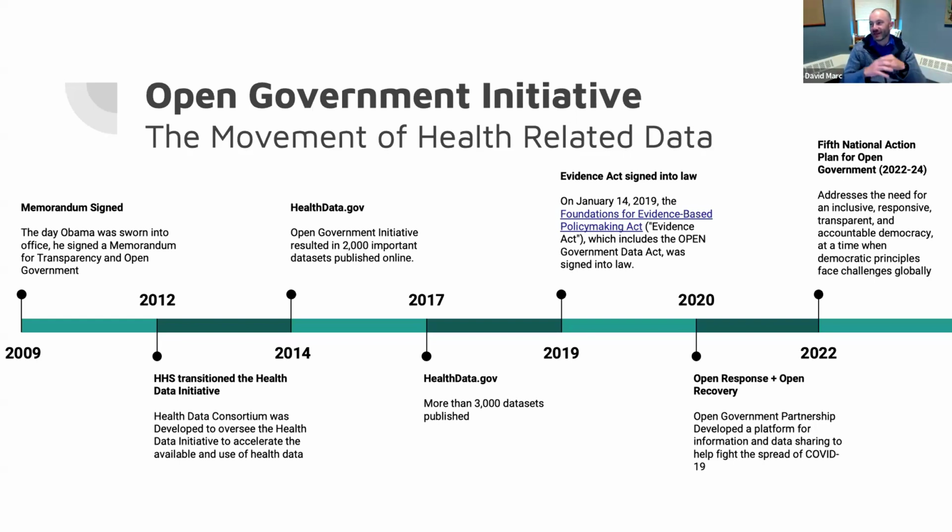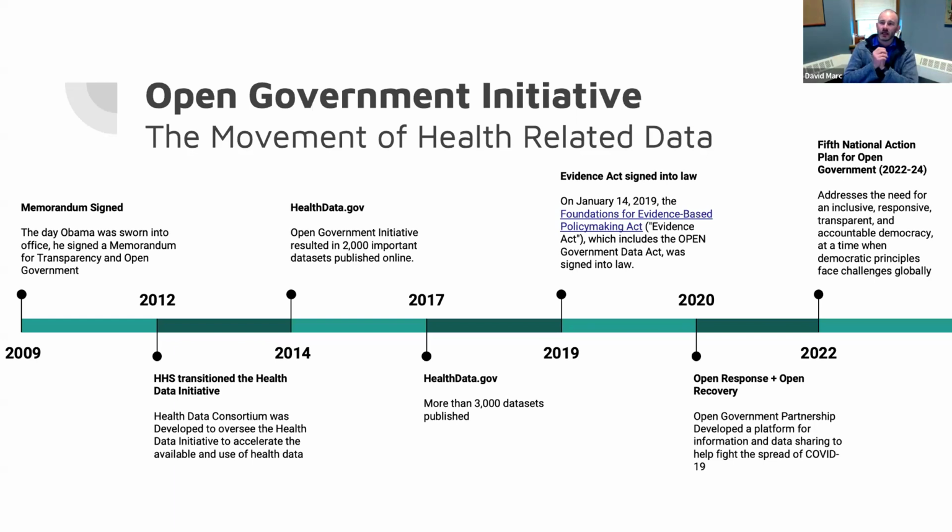Those consequences really haven't been realized, though. In 2020, the Open Government Partnership developed a platform for information and data sharing to help fight the spread of COVID-19. COVID-19 kind of disrupted and derailed a lot of that Open Government Data Act because a lot of attention then was focused on public awareness regarding COVID-19.